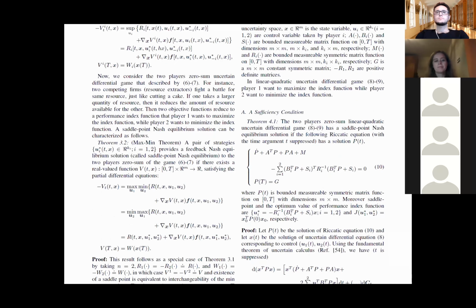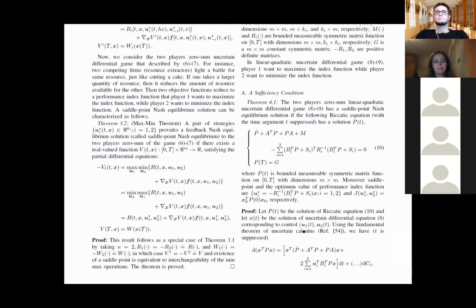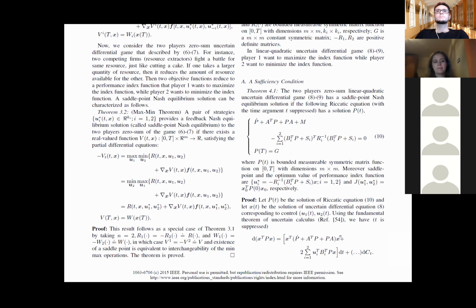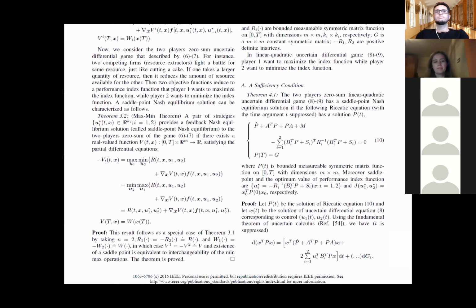They use uncertain calculus in this paper. This is the result of uncertain calculus. This is the point.